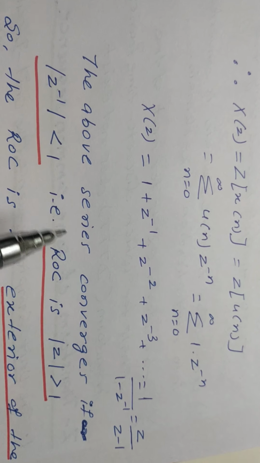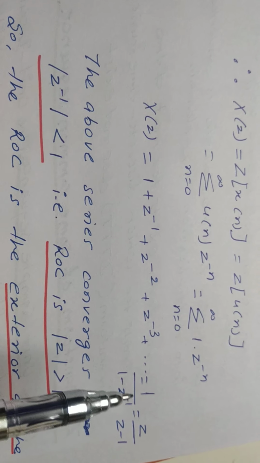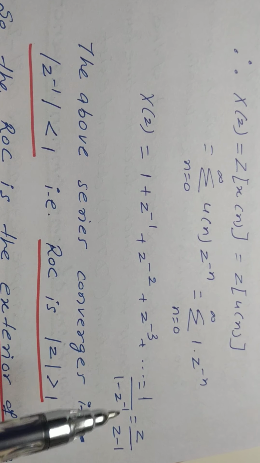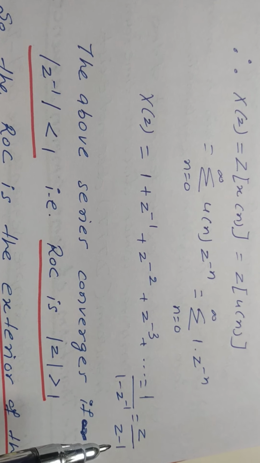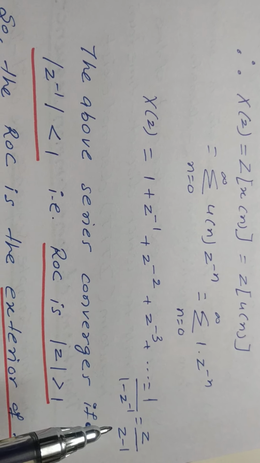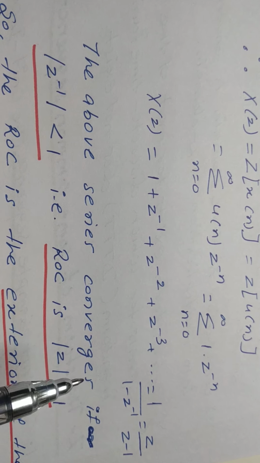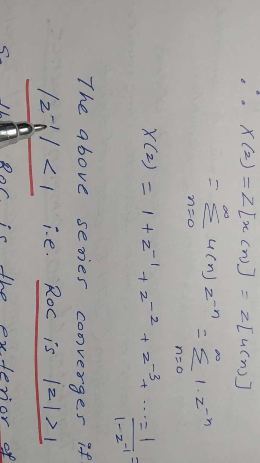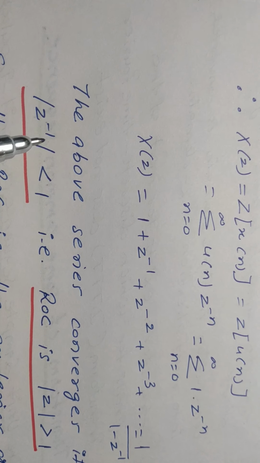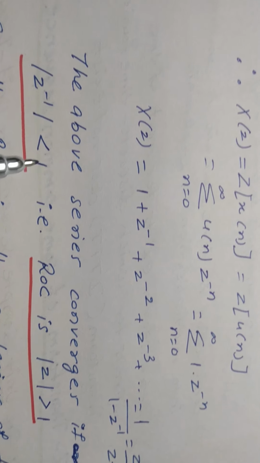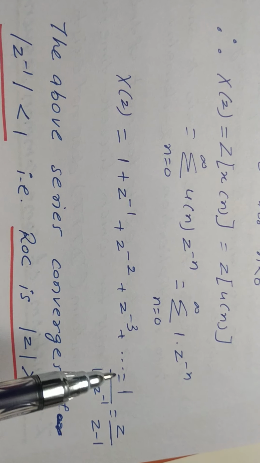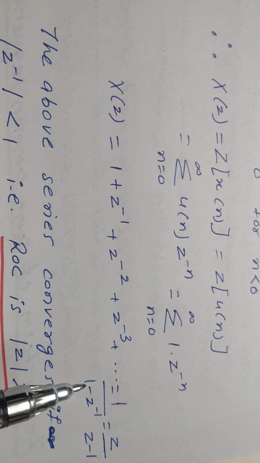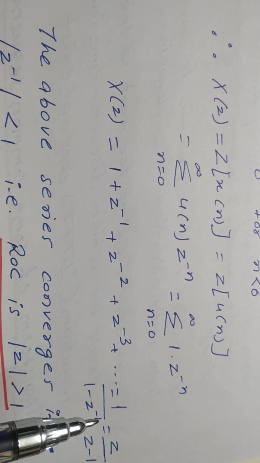The above series, which we have written as z by z minus 1, converges if mod of z to the power minus 1 is less than 1. It is coming from this particular equation that we have written, 1 by 1 minus z to the power minus 1.